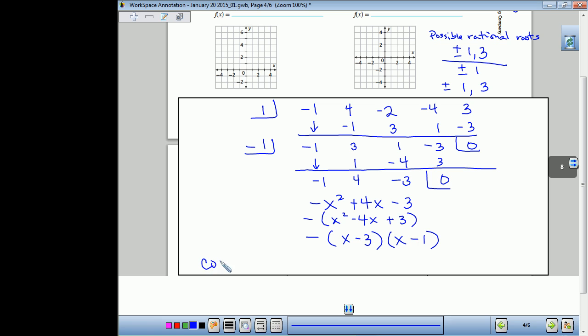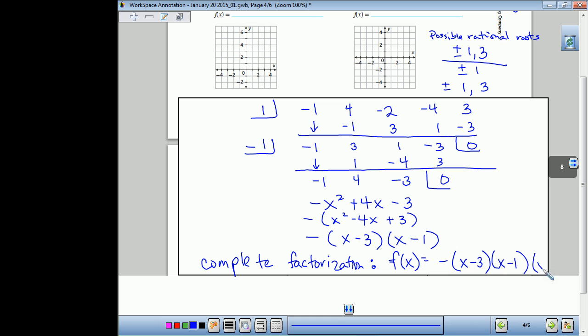Now, could you write the complete factorization at this point? You sure could. This function was f of x equals, we just factored out the negative, don't we? We got these two already. So we got negative x minus 3, x minus 1.